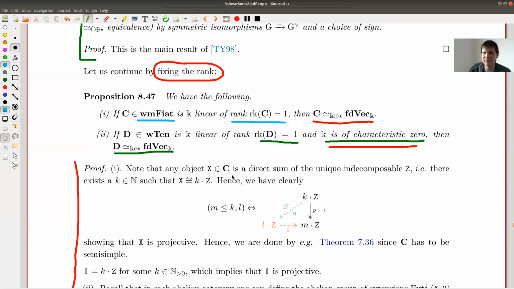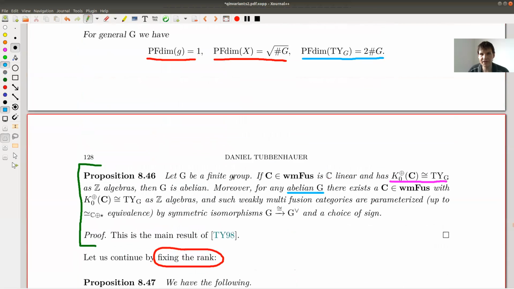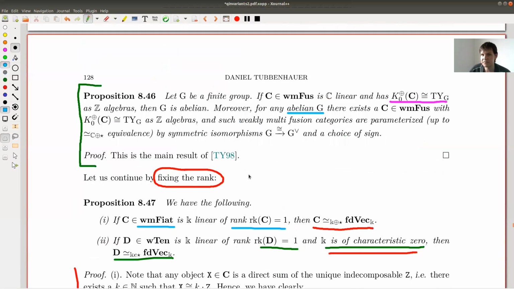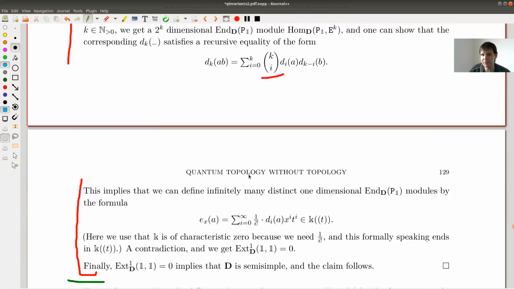So rank is, in some sense, a worse numerical invariant if you want to do classifications. In particular, Ocneanu rigidity, the statement that classification is possible, assumes that the Grothendieck ring is finite. So it doesn't say anything about the rank. For a fixed rank, there could still be infinitely many solutions. So doing something by rank is much more complicated.